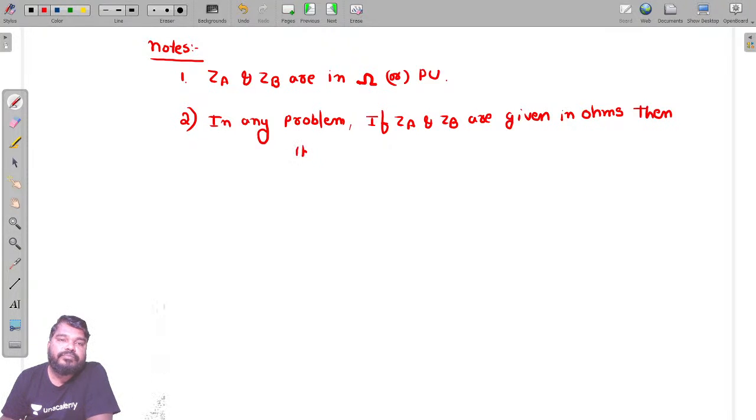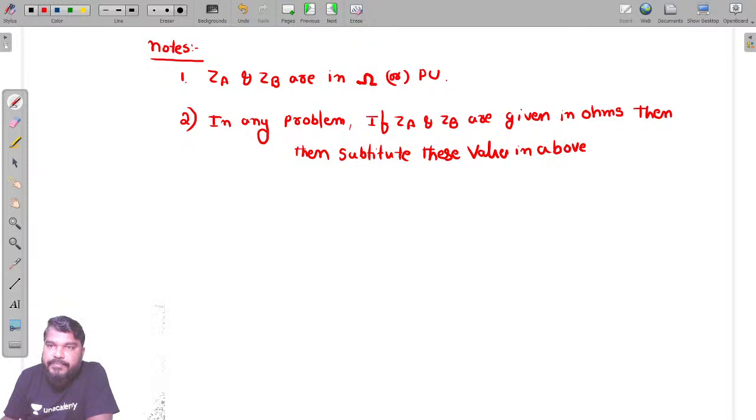Very important: substitute these values in the above formula directly.